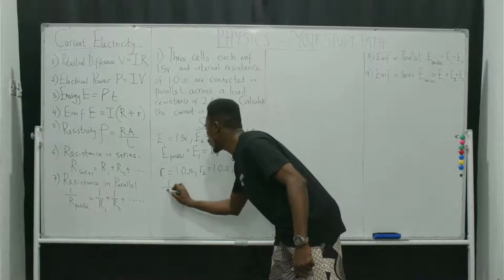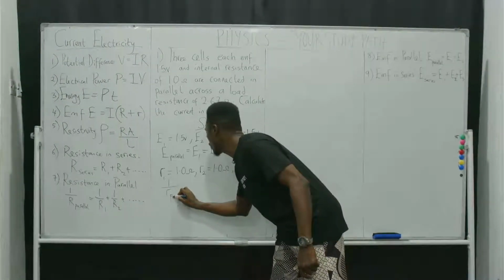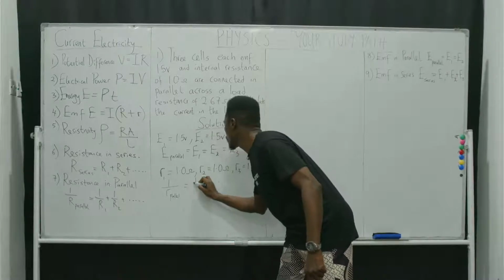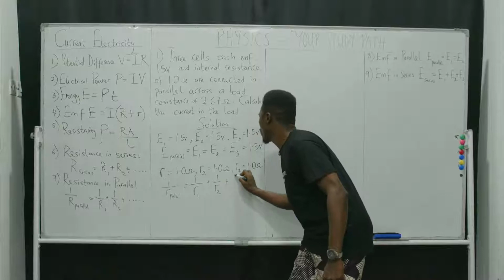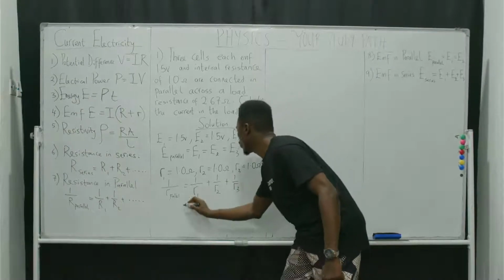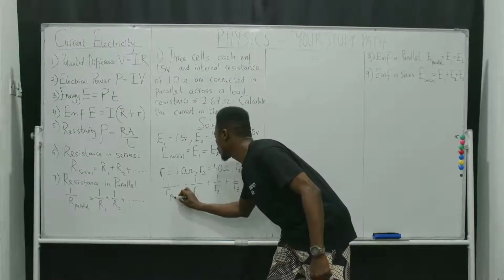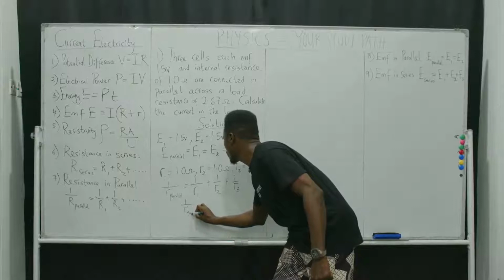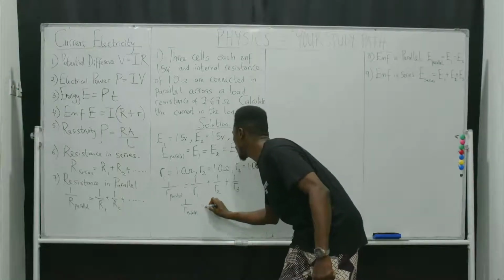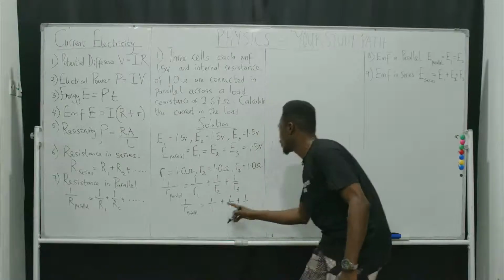So we say 1 over r in parallel becomes 1 over R1 plus 1 over R2 plus 1 over R3. Putting in our values, 1 over r parallel becomes equal to 1 over 1 plus 1 over 1 plus 1 over 1.